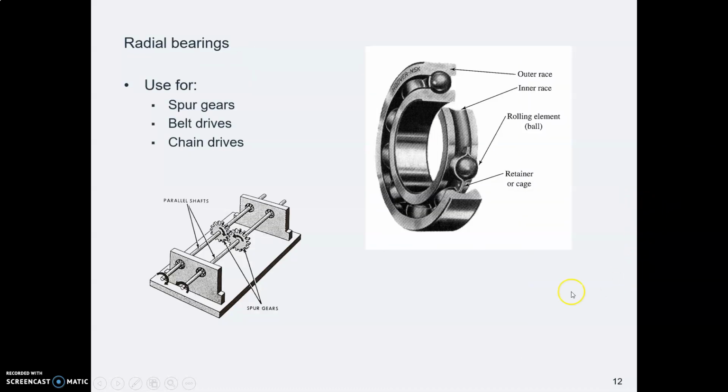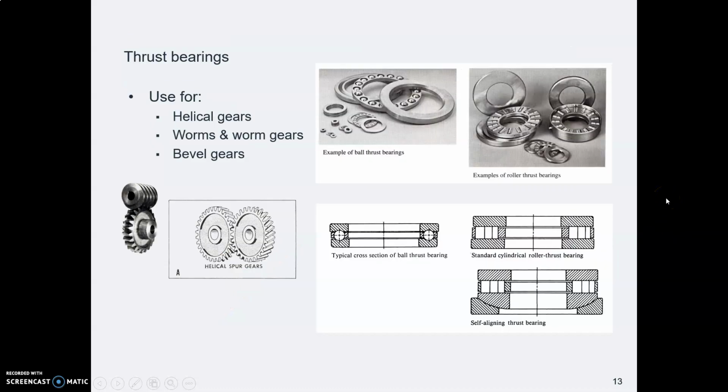Radial bearings are where you have something that rotates, and examples include spur gears, the gears we did at the start of the term, sheaves for belt drives, sprockets for chain drives, those sorts of parallel things. If you have gears that give you some sideways push, like for example, here's a worm set, a worm and a worm gear, that gives a sideways push, and in that assembly you're going to need a thrust bearing.